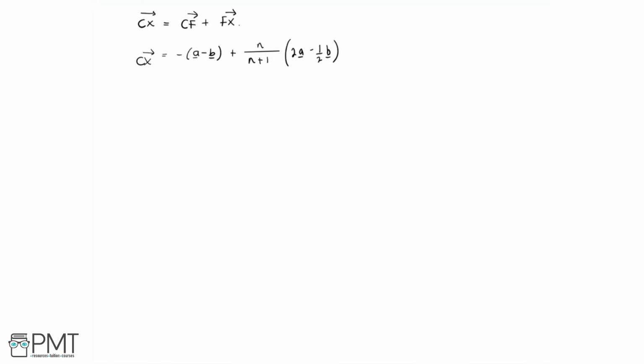Let's start by expanding the first set of brackets, and so minus brackets A minus B, we can imagine that this minus sign is equal to minus 1.